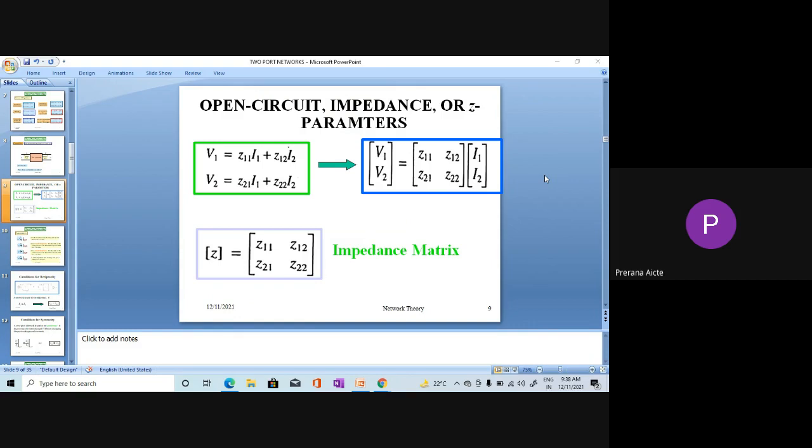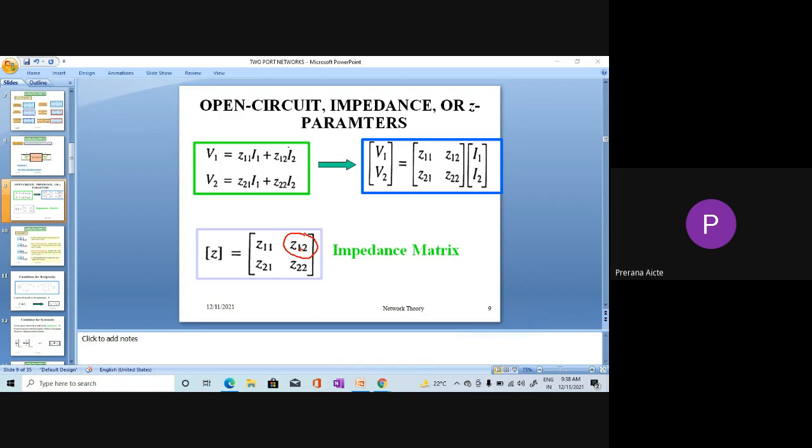The examiner will give a question, and based on the question, he won't ask to find the Z parameters. He will ask you to find Z12, find Z22, find Z11, find Z21. In this way, the examiner asks for a particular parameter. If he asks to find Z12, you need to find the Z12 value, how much it is going to be.